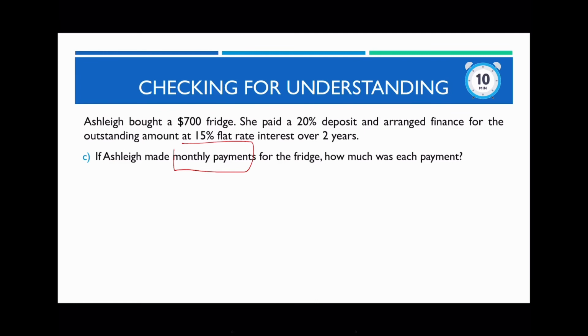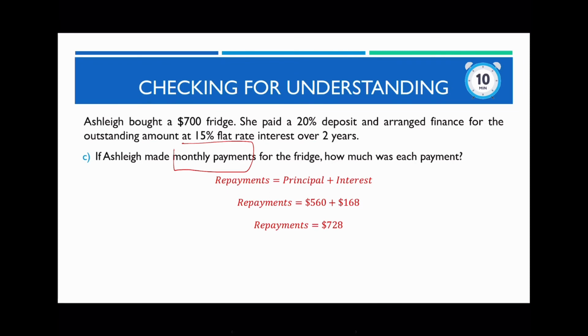The total repayments, remember, is just the principal plus the interest. So repayments is principal plus interest, which in this case is 560 plus $168. Therefore, your total repayments that you need to make after 2 years is $728.